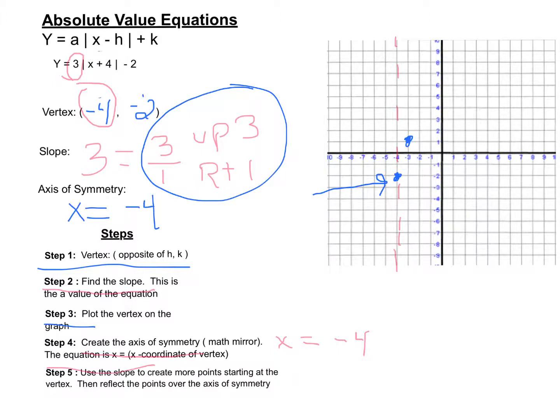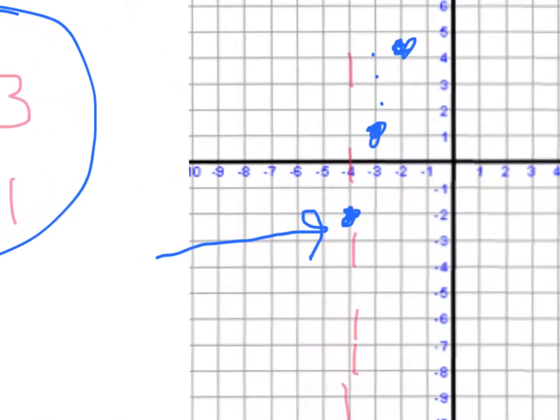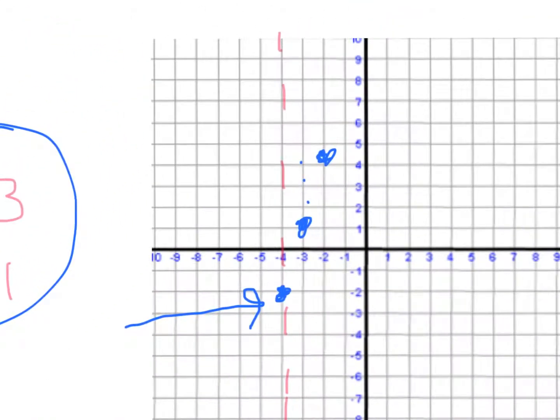And then again, 1, 2, 3 over 1. Okay. And I'll zoom in on this a little bit so we can see it. Okay. So again, we're going to go up 3. 1, 2, 3 over 1. And again, I know these are horrible dots, but I'm trying to do this without a very fine point pen. Now, if you also remember, we're going to reflect this over the axis of symmetry.